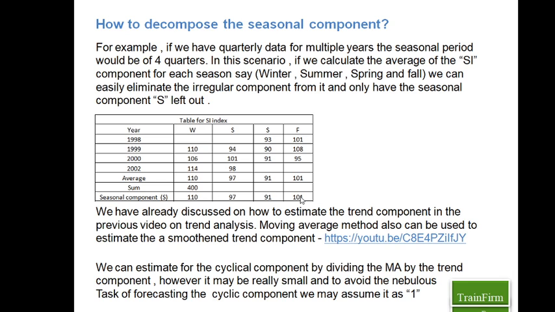So if you add up these numbers, you will get exactly 400, and this turns out to be the percentage seasonal index for every season. So I've got 4 seasons in a year, which repeat by themselves, and for the 4 seasons, these are the SI percentages.